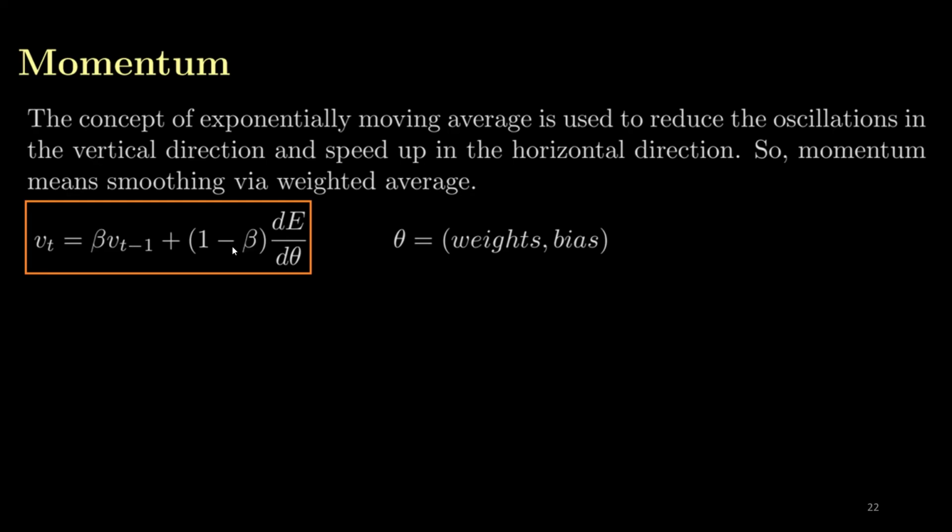So on the right side of the equation, we are not only smoothing the previous weighted average to get the current one, but we are also taking the weighted average of the gradient. Here, theta is the representation of weights and bias, that is, both parameters of a deep learning model. Now we have Vt, which contains the weighted average process, and if we use this Vt to update the weights, that is theta, then it is called weight updation with momentum.